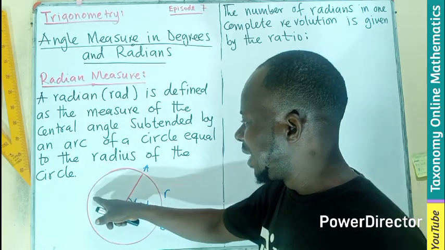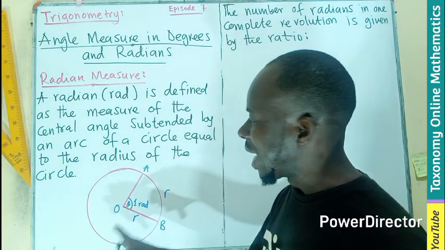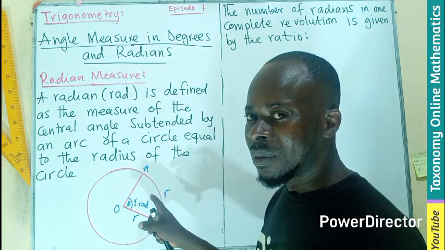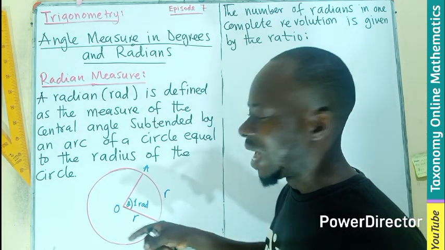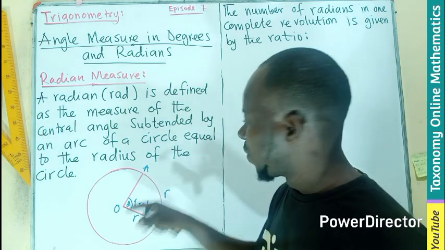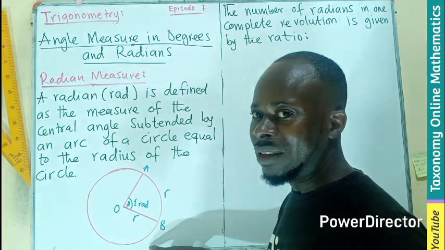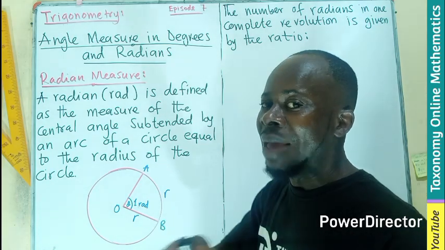We can subdivide these lines into R, R, R. Now, when I'm dividing it, I am dividing the circumference. So I can divide the circumference further into various arcs to see how many of these R can be found on this, not just by marking, but by measurement.